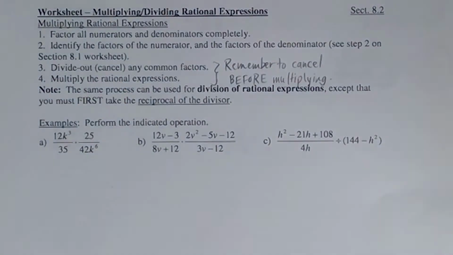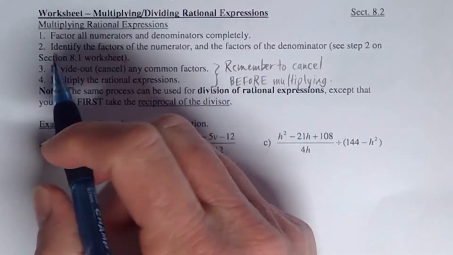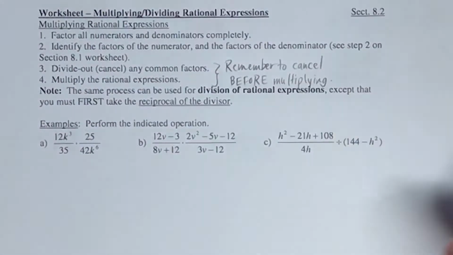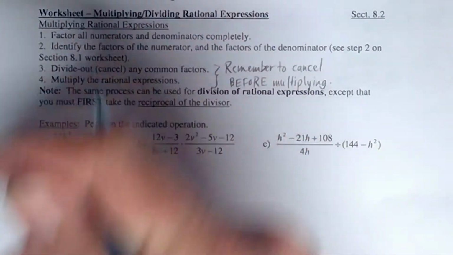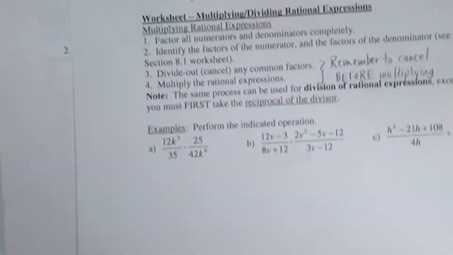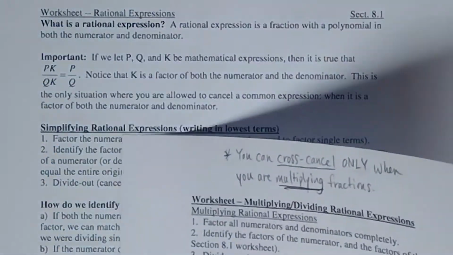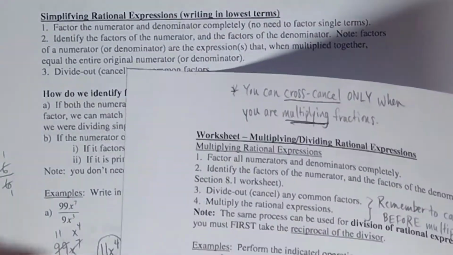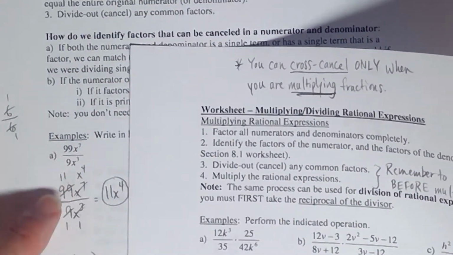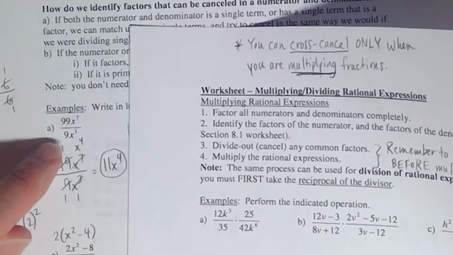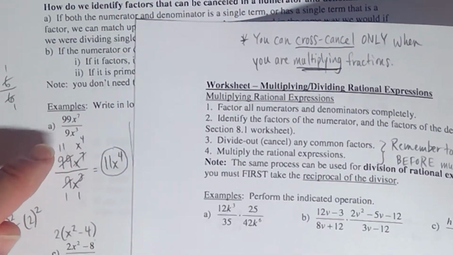The way we cancel is the same way we did in 8.1. Let's take a look at 8.1 here as a comparison side by side. Remember this problem right here, Problem A in 8.1. Since there was a single term on top and bottom, there was no need to factor.